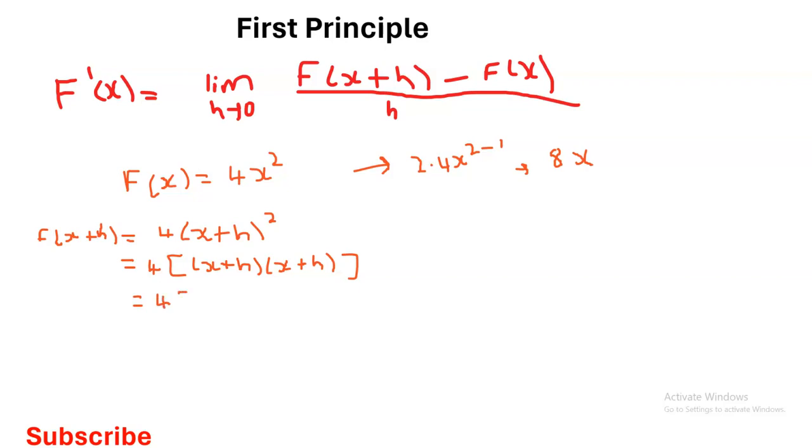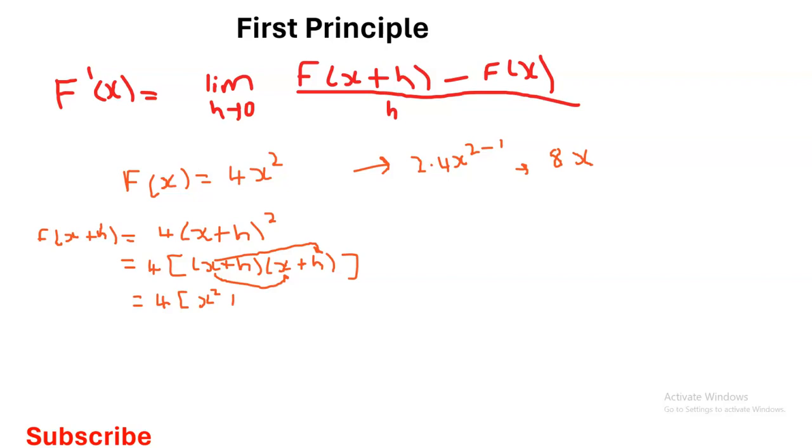When you simplify, the first number that you have here multiplies the first number there. So x times x will give us x squared, and x times h will be xh.